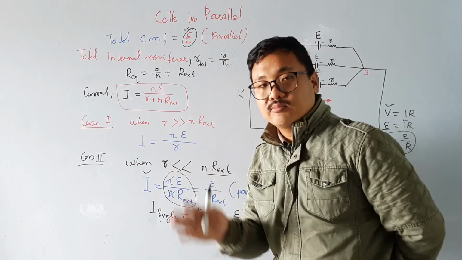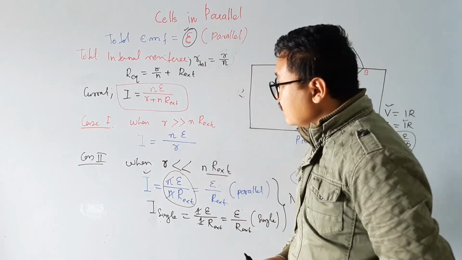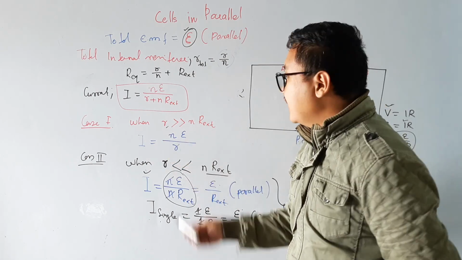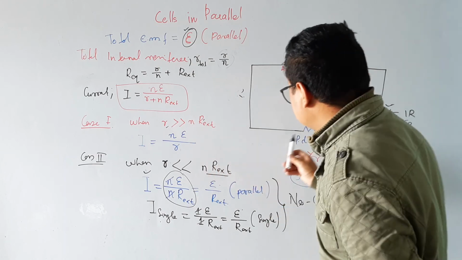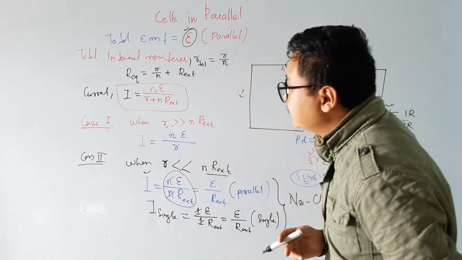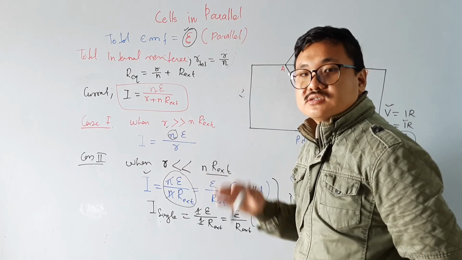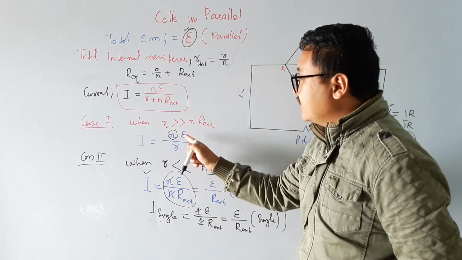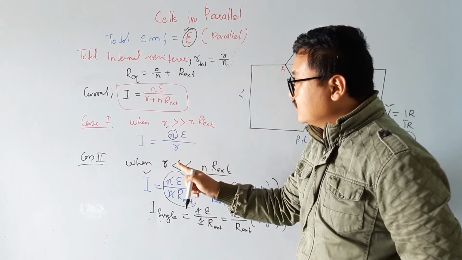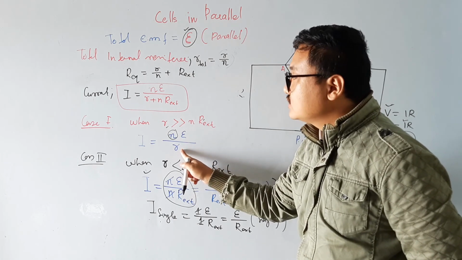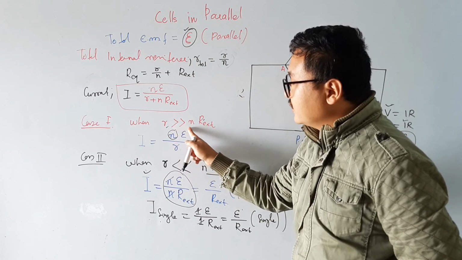But the very important point is here. If the internal resistance is very large as compared to the external resistance, then what will happen? There is n, the number of cells. If the number of cells is 1, it will become E by r. If the number of cells is 2, it will become 2E by r.